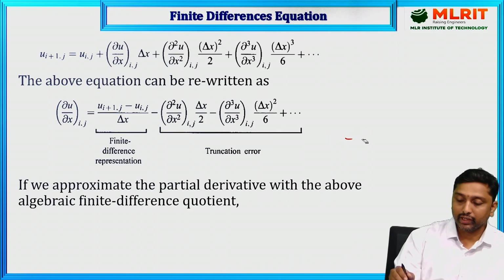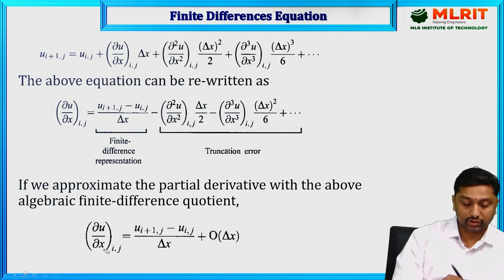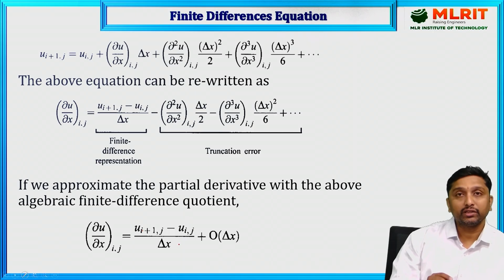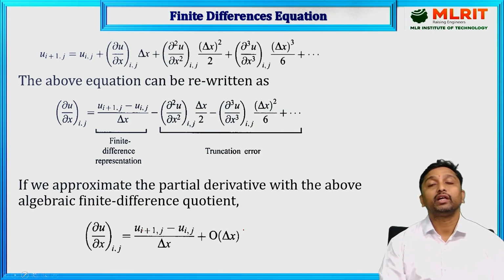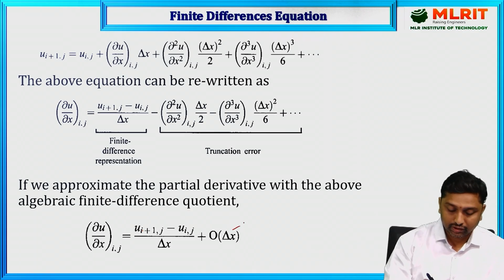So you can rewrite this equation as ∂u/∂x equals (u_i+1,j − u_i,j)/Δx plus O(Δx), which is order of Δx, that is the error. This represents error.